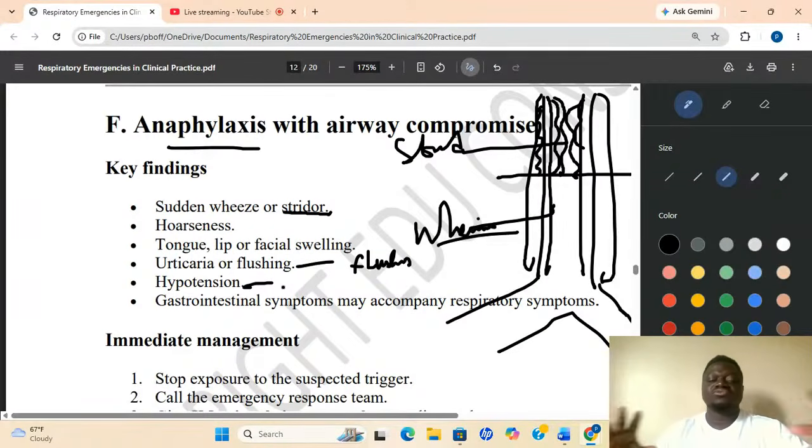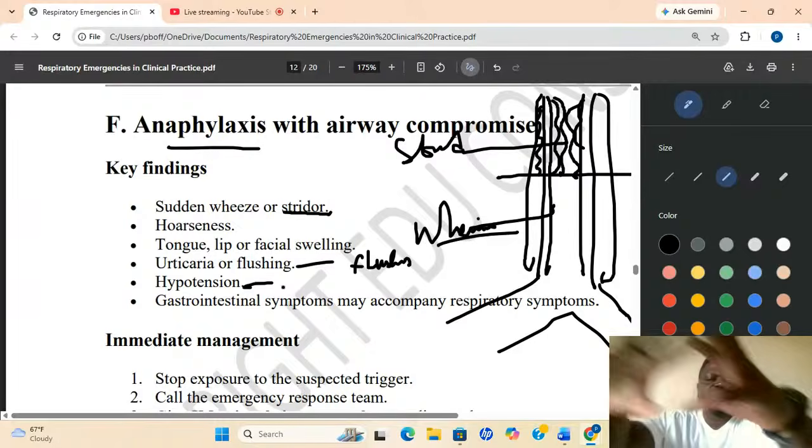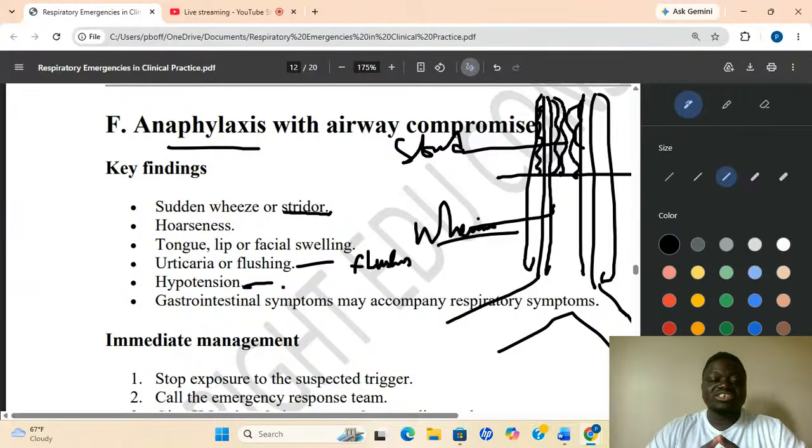The blood vessels will want to dilate so that they send more blood to the area of the allergic reaction. So hypotension. Then gastrointestinal symptoms may accompany respiratory symptoms: abdominal pains, diarrhea, vomiting, cramps, all these ones.